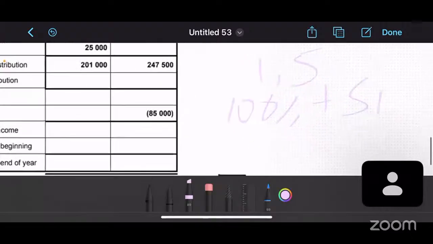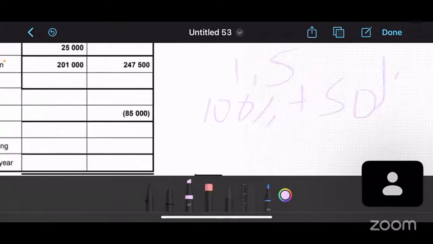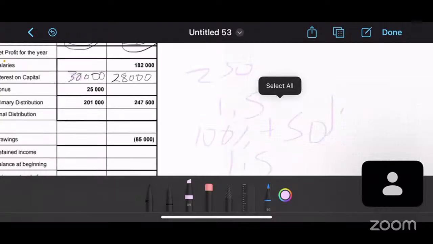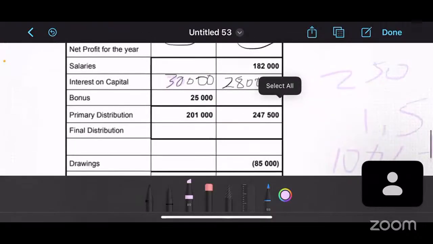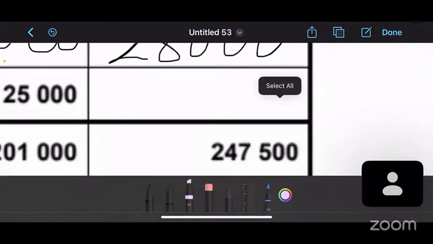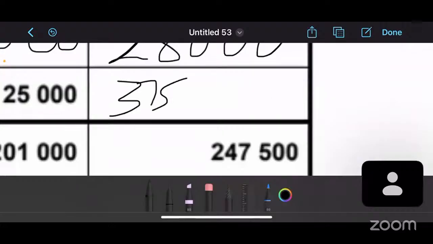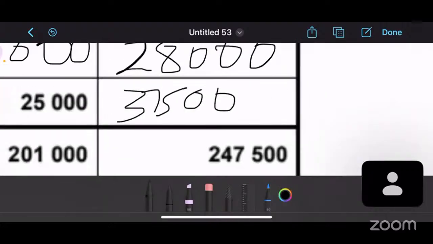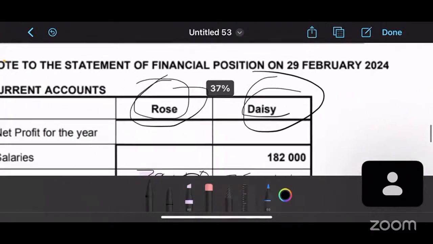If you change this into a number, not a percentage, it is 1,5. So 25,000 multiplied by 1,5, how much do you get? 37,500. So you're gonna have 37,500 rand like that.